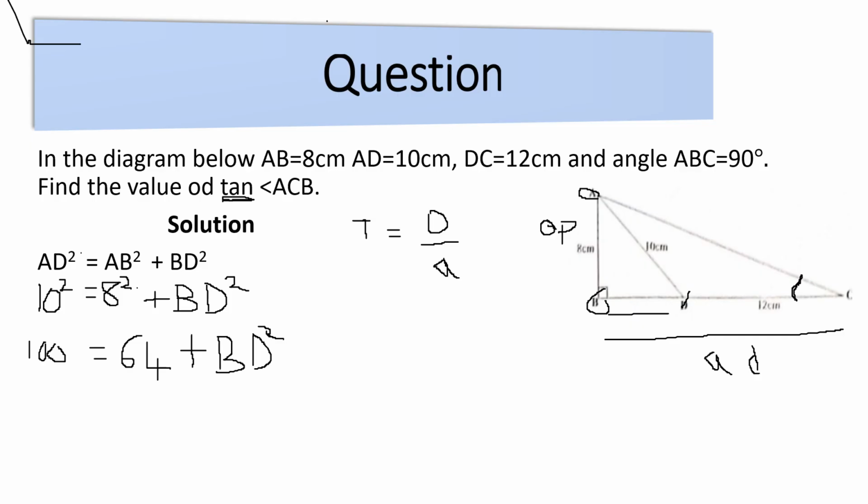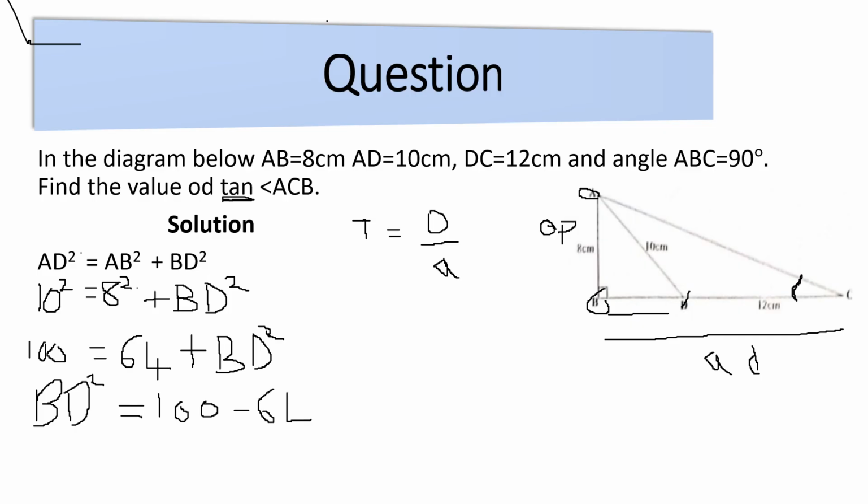Then you simply rearrange this. We are going to have BD squared equal to 100 minus 64.